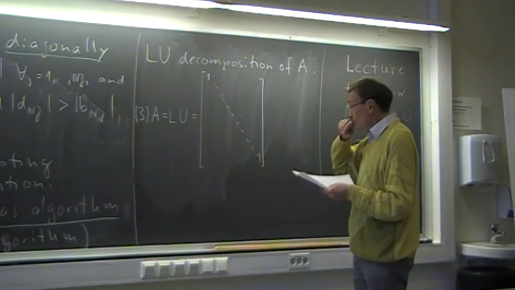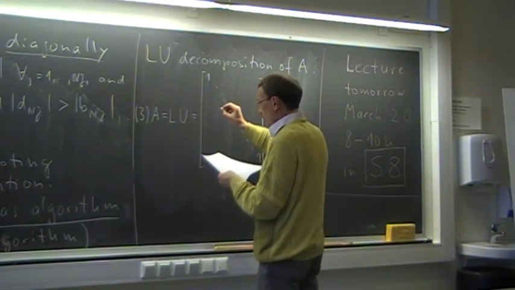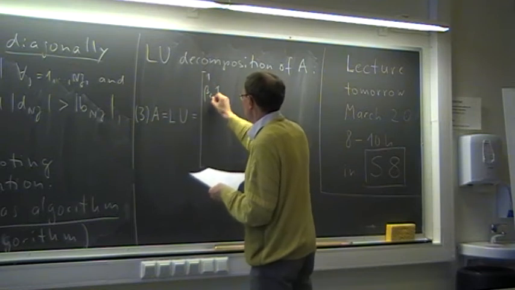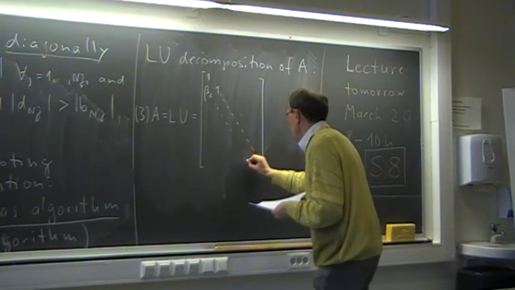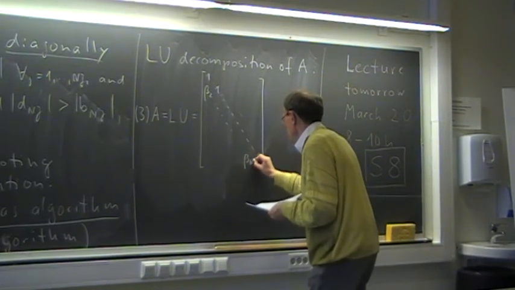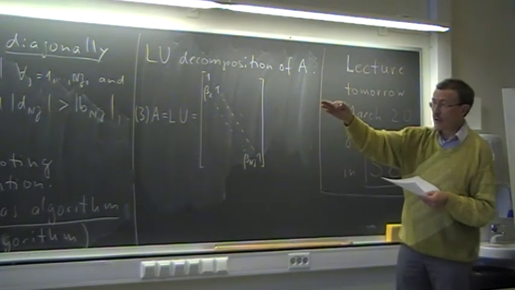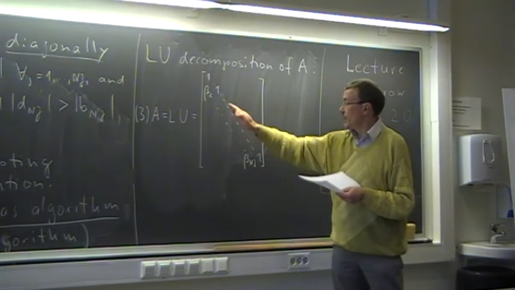And in the subdiagonal, we have a beta 2, beta 3, and so on, to the last one, called beta nj. So the B that we had originally in the matrix will be changed into something that we call beta.